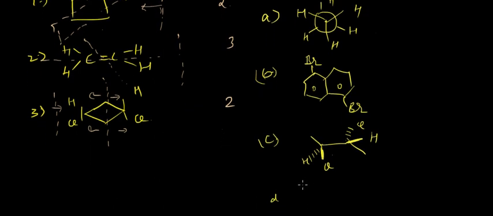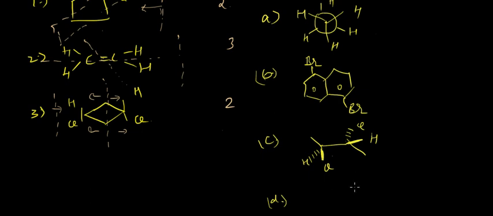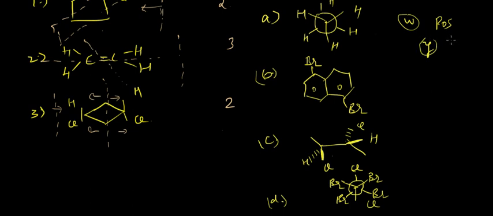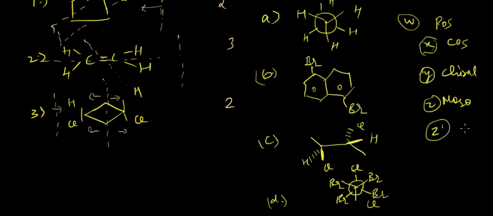Now the D part is Br, Cl, and Cl, Br. On this side you have the matching column with POS, COS, whether it is a chiral compound or not, whether this is a meso compound or not, and whether it has a chiral center.